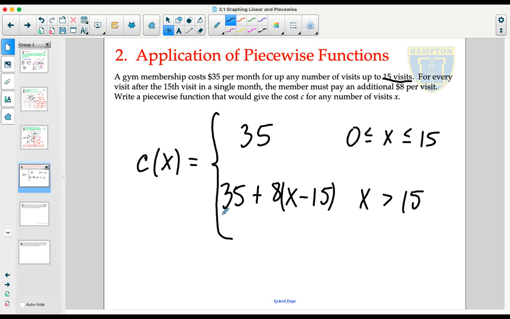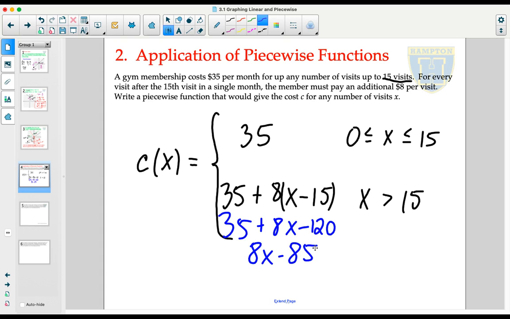You can leave this part of the piecewise like this because it really does help to tell the story of the gym membership. However, you also, if you wanted to, could distribute that 8 and simplify and create a shorter slope-intercept version of that half of the piecewise.